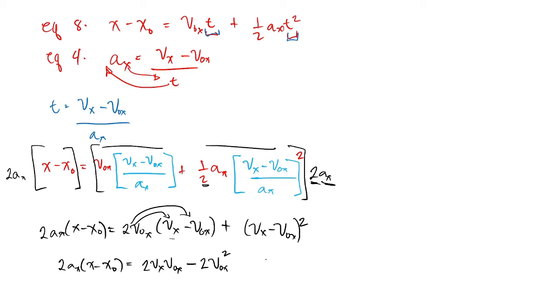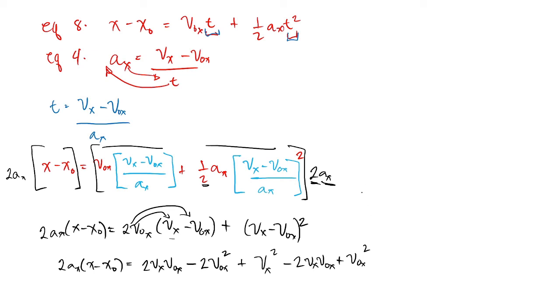Then perform binomial expansion here. So we will have vx square minus 2 vx v naught x, and that will be addition, so v naught x square.